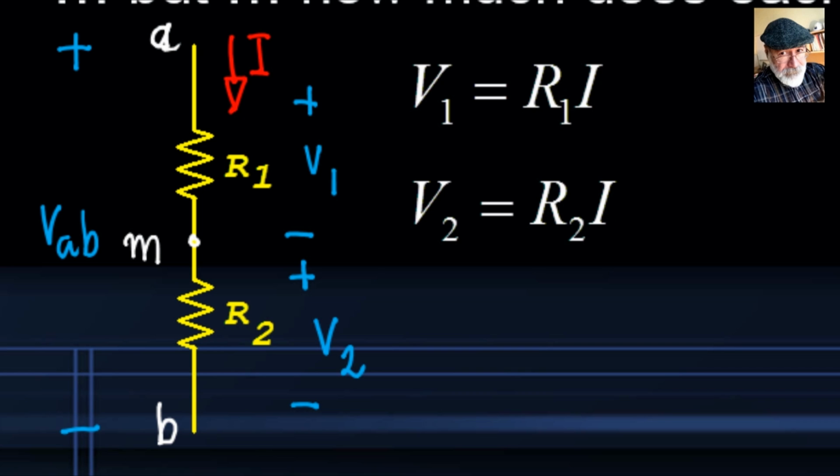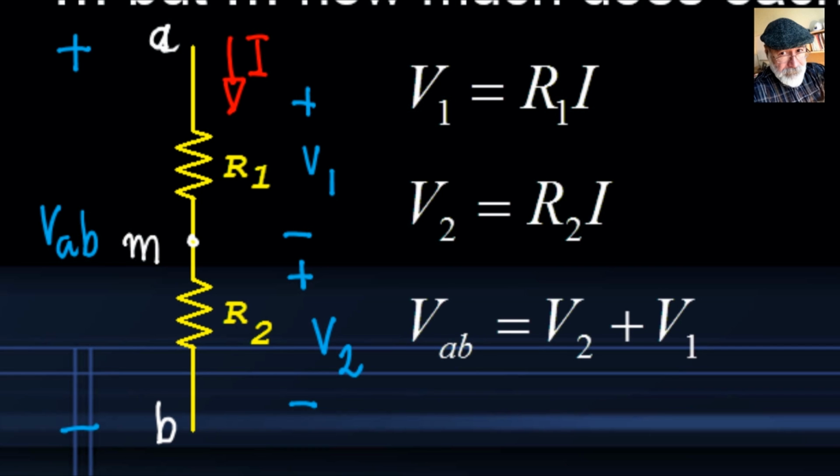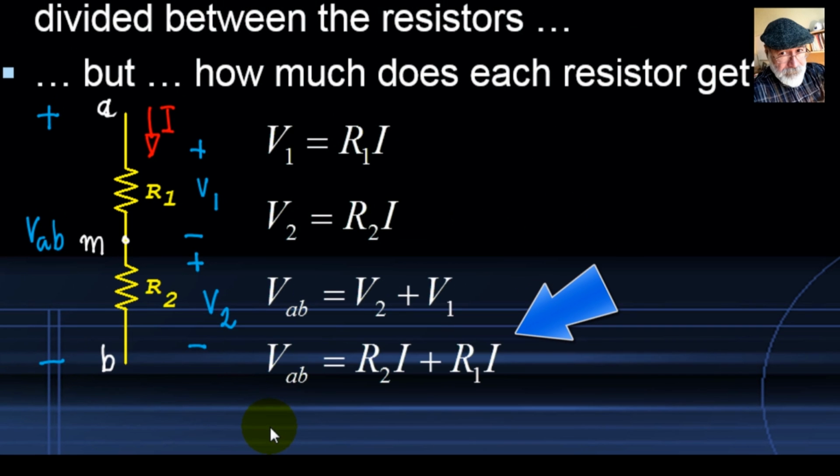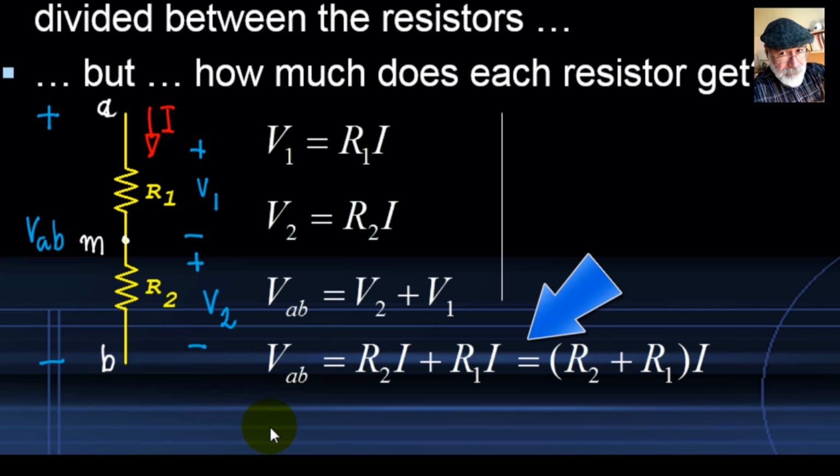Now, the total voltage that we're splitting between R1 and R2 is the sum of V1 plus V2. If we substitute the first two equations in the third one, we obtain that the total voltage, VAB, is given by that expression: total resistance times the current in the branch. Now, we want to know what percentage of the total voltage VAB is V1.